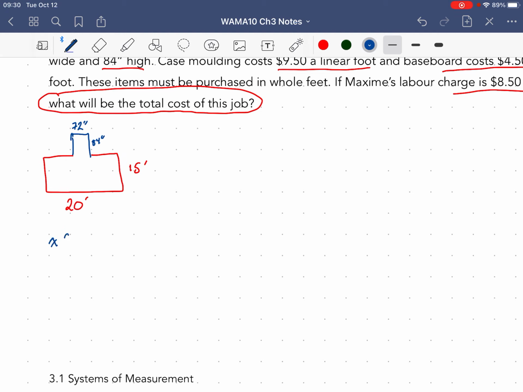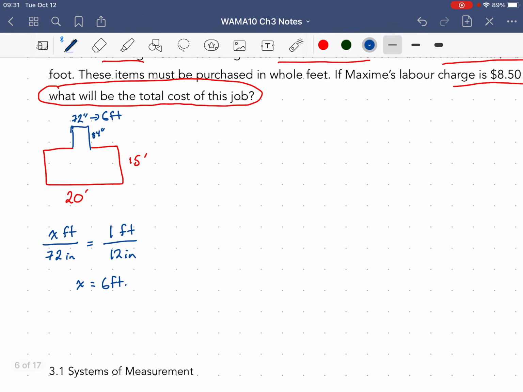So I asked myself, how many feet are in 72 inches? If 1 foot has 12 inches. Right, that's from my chart. 1 foot is 12 inches. So I do 72 times 1 divided by 12 is equal to 6 feet. Okay, so 72 inches up here is 6 feet.